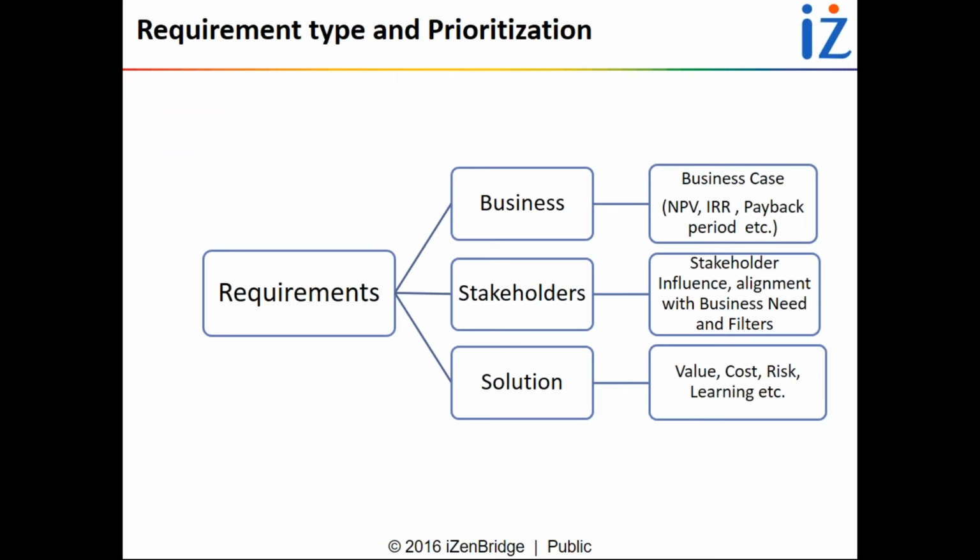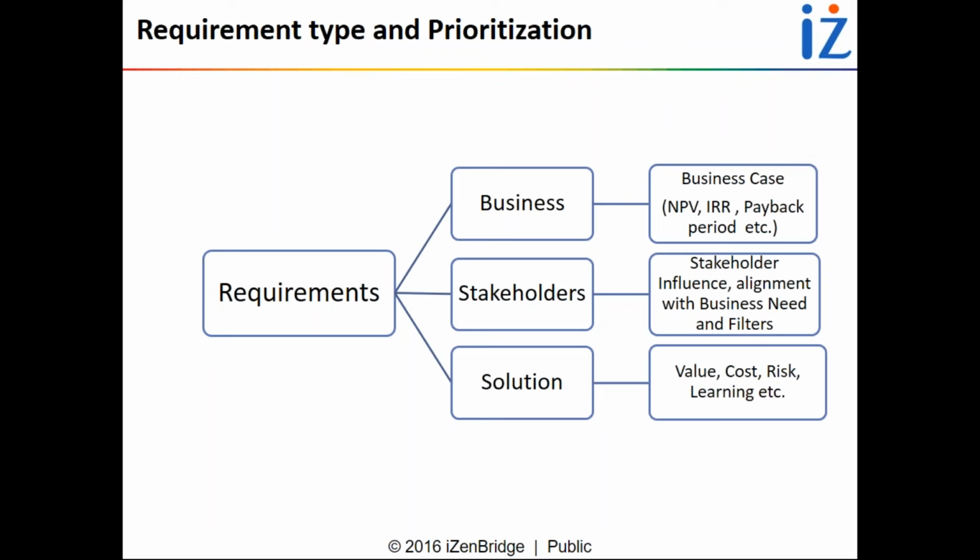So here I would like to communicate that prioritization also depends on the type of requirement. You take different prioritization approaches for business requirements, for stakeholder requirements, and for solution requirements.